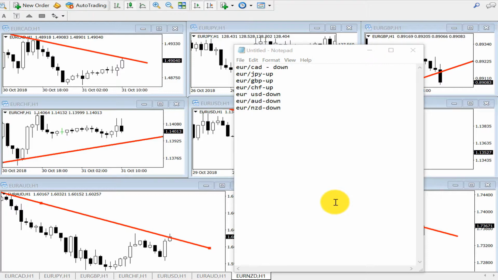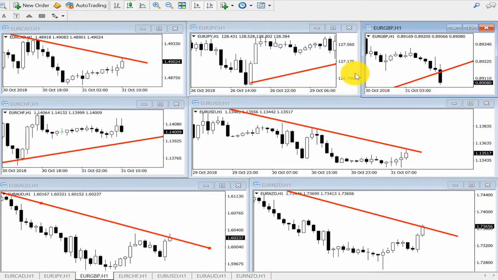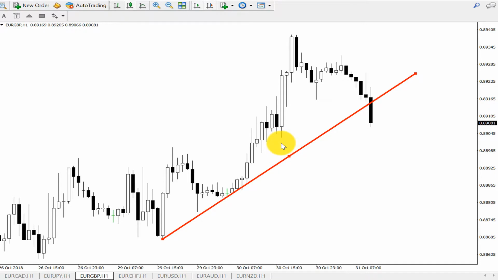If we watch very carefully, first we begin with Euro GBP, this pair is in uptrend, although in the most recent data we are seeing that the pair is falling, but Euro is a very strong currency and GBP is also a very strong currency.